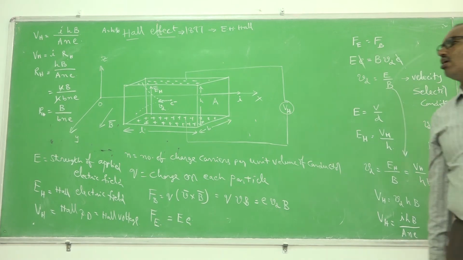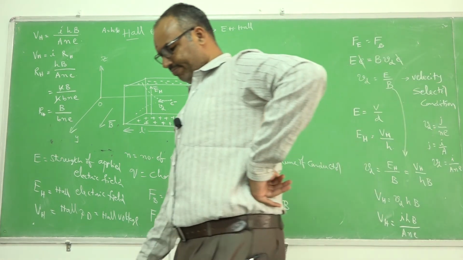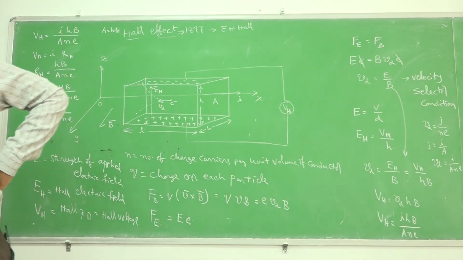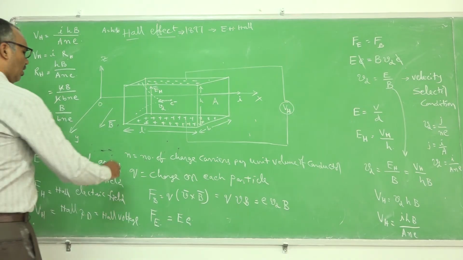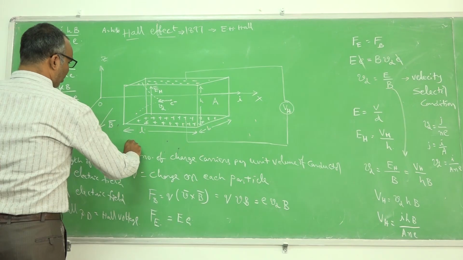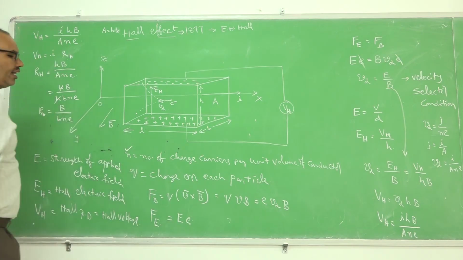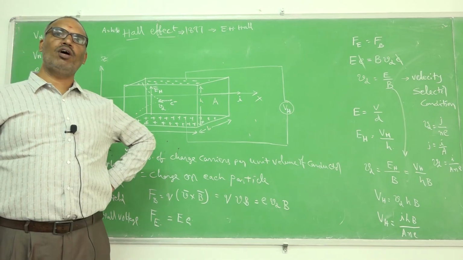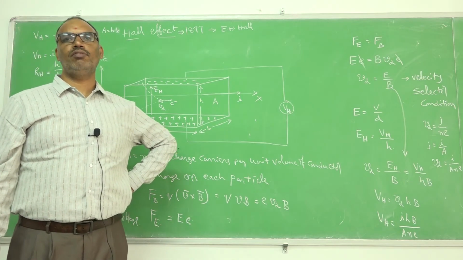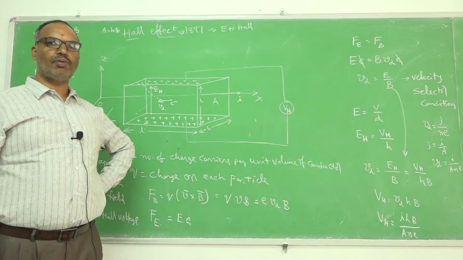What is the use of all this calculation? The major idea behind this experiment is to find the number of charge carriers available in a particular conductor. If you take copper, the number of charge carriers per unit volume is a fixed value. In aluminum, we will have some N value.